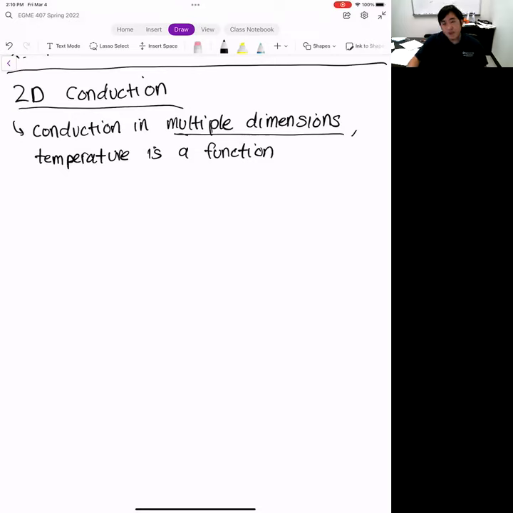And so to put this in kind of Cartesian coordinates, this would mean that our conduction or temperature distribution is a function of multiple variables. Okay, and so for instance, if we look at 2D, then it would be a function of x and y.